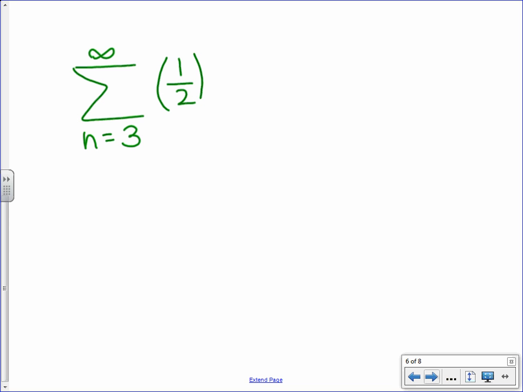Let's do a nicer one. If I had the sum from n equals 3 to infinity of this, then our sum would be 1/8 over 1 minus 1/2.